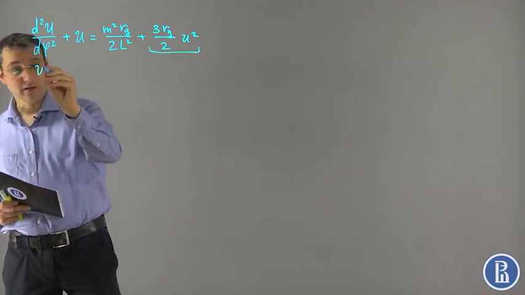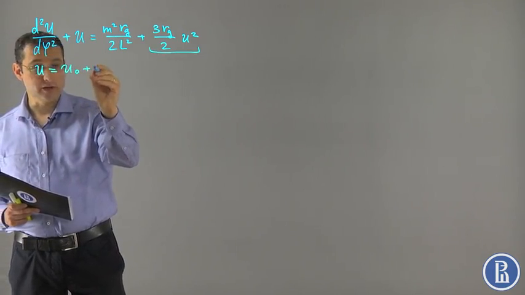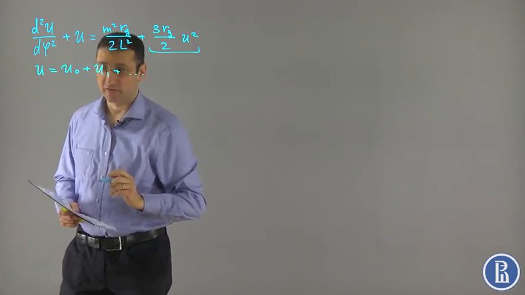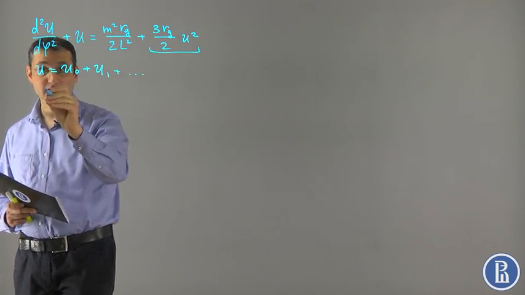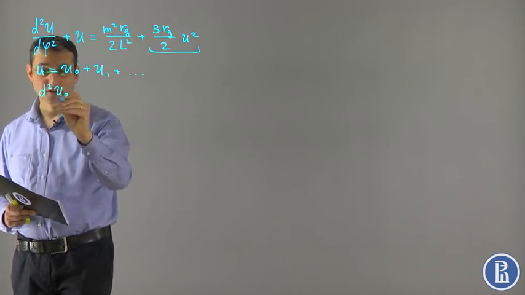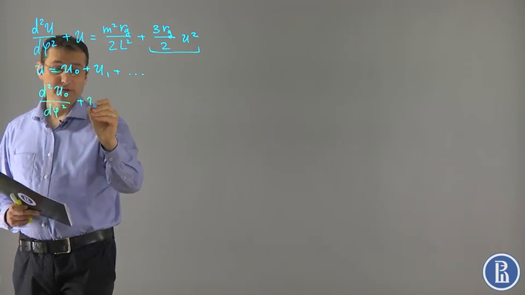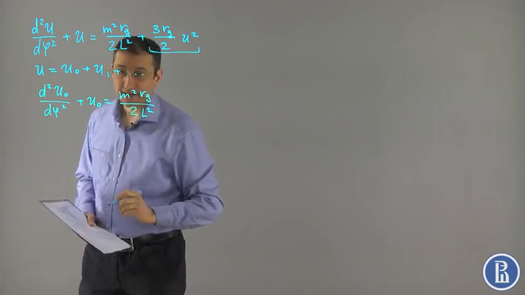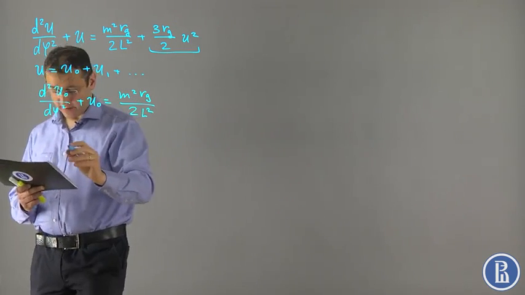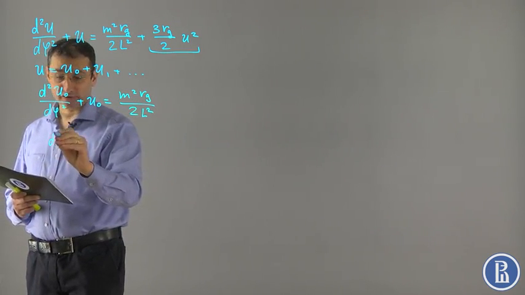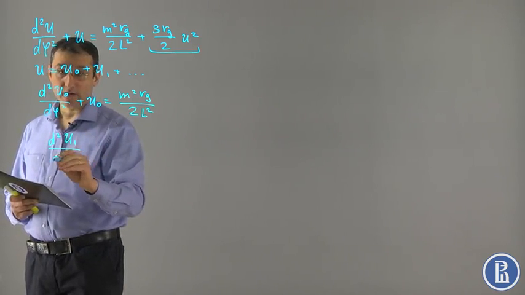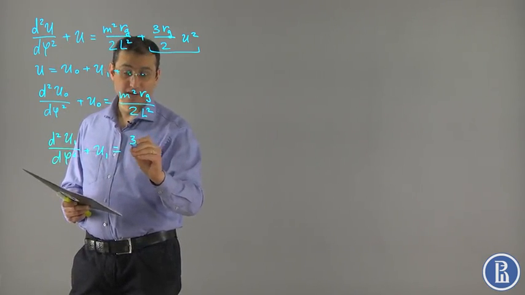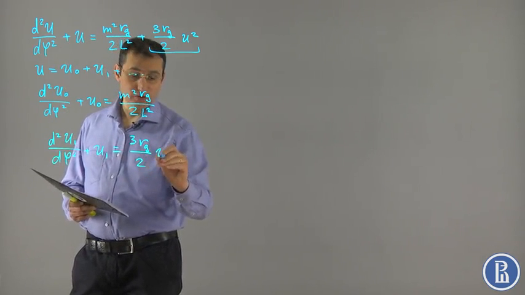We look for the solution as u0 plus u1 plus dot dot dot, and at this level we restrict ourselves to the first two terms, where u0 solves d squared u0 over d phi squared plus u0 is equal to m squared rg over 2l squared. Then for u1, we obtain the following equation: d squared u1 over d phi squared plus u1 is equal to 3 rg over 2 u0 squared.